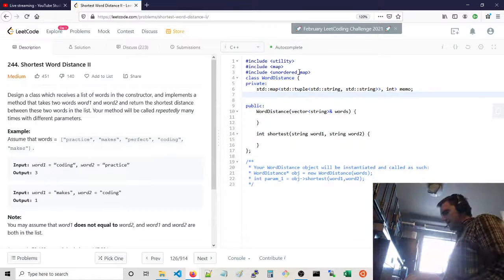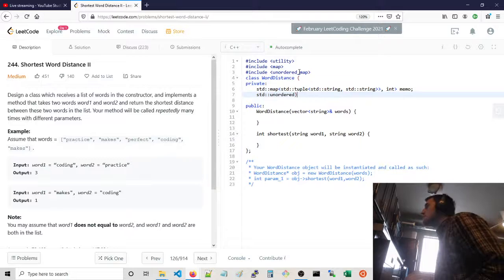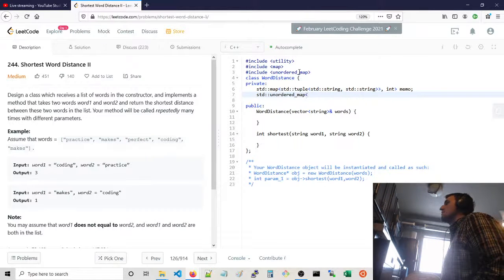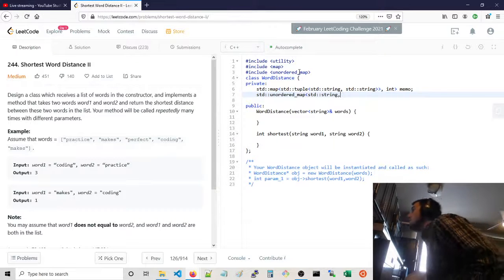And then we want an unordered map of string to an index.